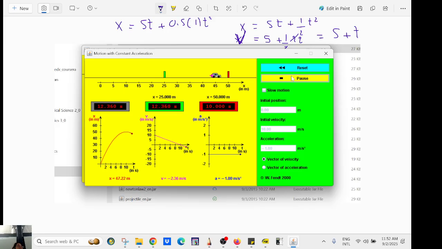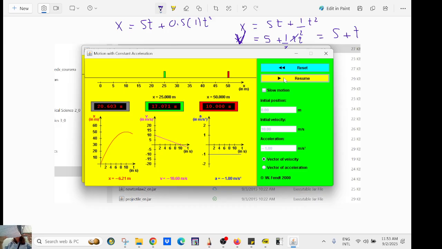It's going to reverse. This is happening when, for example, if I have a notebook in my hand, where is the force? Down. So if the force is down, the acceleration is down.